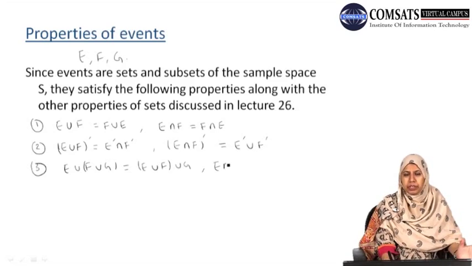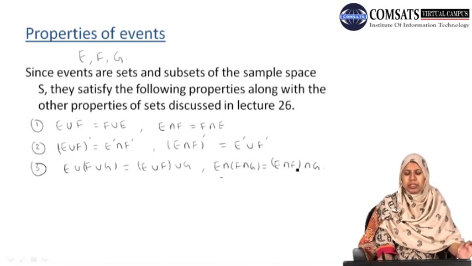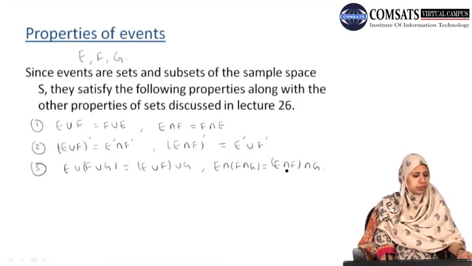And we have the same property for intersection. Either we take the intersection of F and G first, or of E and F first, we obtain the same result. This property is known as the associative property with respect to union and with respect to intersection.